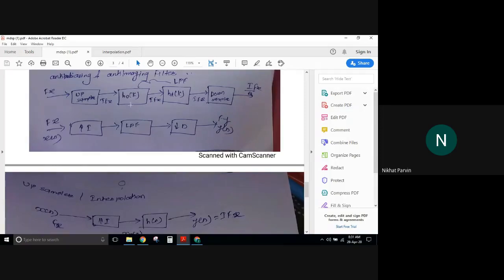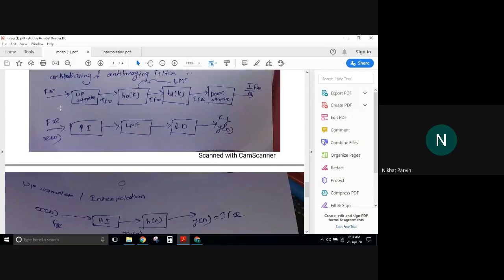Now you can see there are two low pass filters, right? Only the work of those two filters is different, but they are used for the same purpose: to allow some band of frequencies and to reject some band of frequencies. So instead of having two low pass filters, can we merge them together and get a new one? Yes.